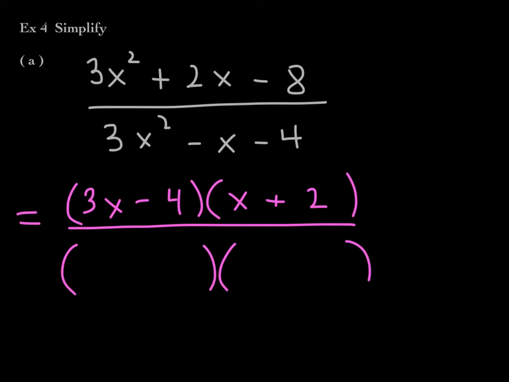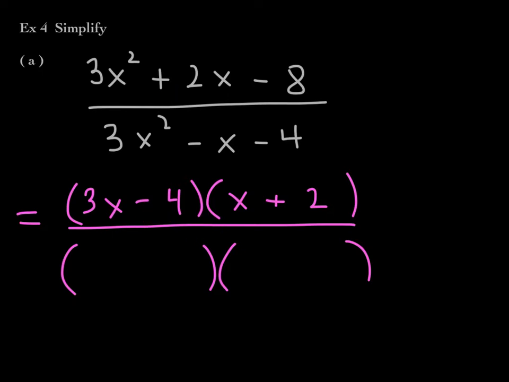We already know that 3x times 1x gives us 3x squared, so that's good. We also know that -4 times +2 is -8, so that's good. What I'm really interested in checking, though, is that I get +2x as the middle term. 3x times +2 is 6x, and then minus 4x, that's definitely positive 2x.